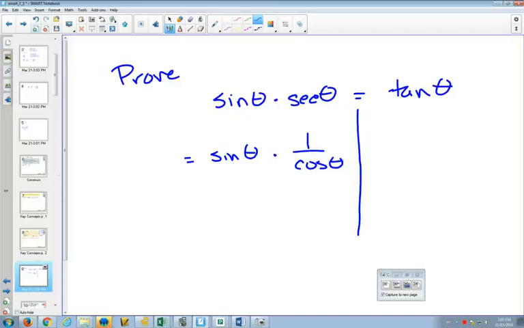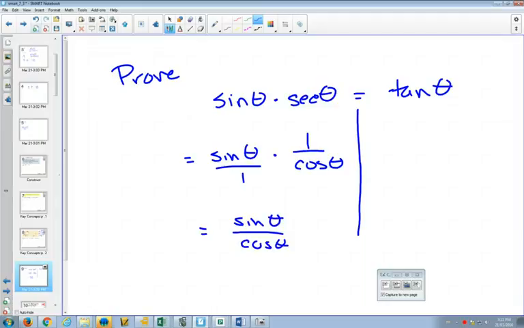Now, how do I multiply fractions? Do you need a common denominator for multiplying fractions? No. You multiply across. So I can make this over 1, and then this would equal sine theta over cos of theta.